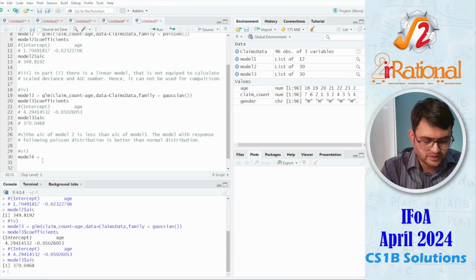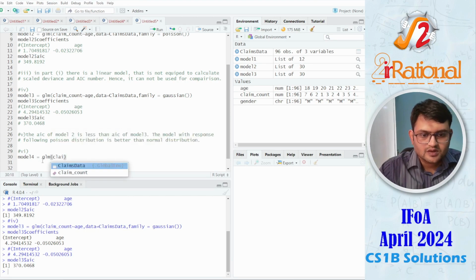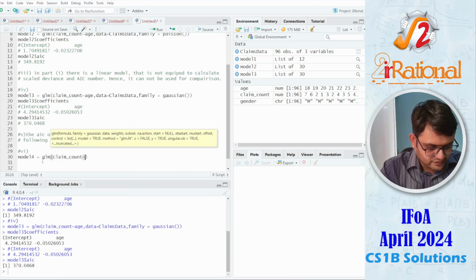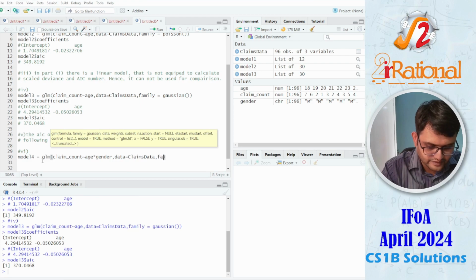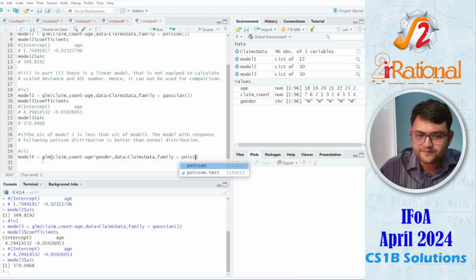Model 4, we have GLM. Claim count follows, we want age star gender. Data would be claims data and family is Poisson.